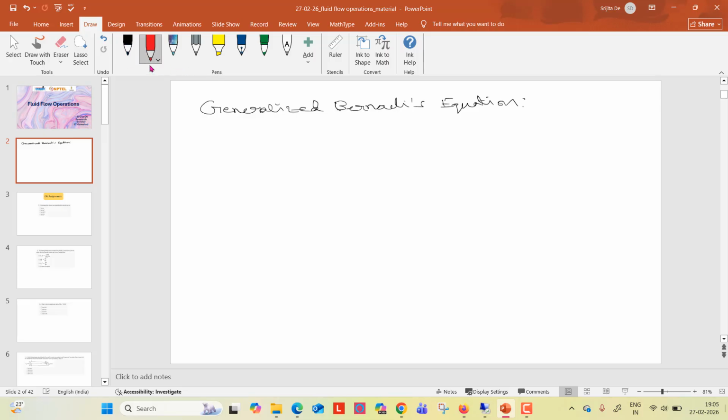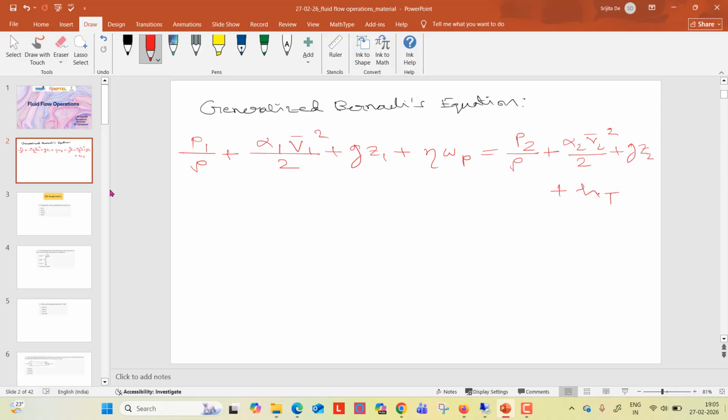If you remember the expression, it was P1 by rho plus alpha 1 V1 square by 2 plus GZ1 plus eta rho P, that is the work efficiency, equals to P2 by rho plus alpha 2 V2 square by 2 plus GZ2 plus HT, right?